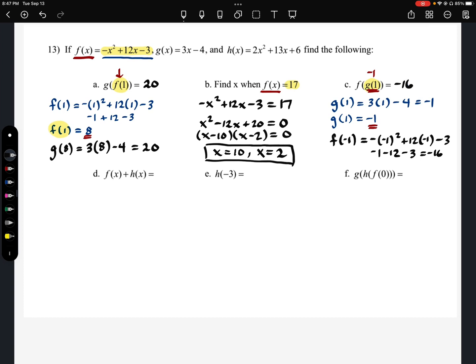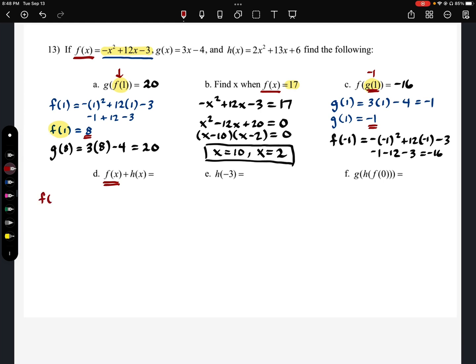So negative 16. All right, now we'll go down to letter D, and they're looking for us to do some operations in function notation. So we have f of x plus h of x. Okay, so what we're going to do here is substitute the expression that f of x equals in for it.